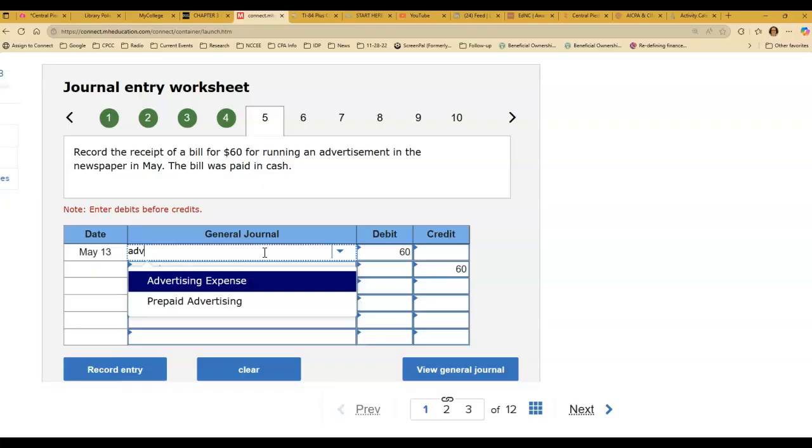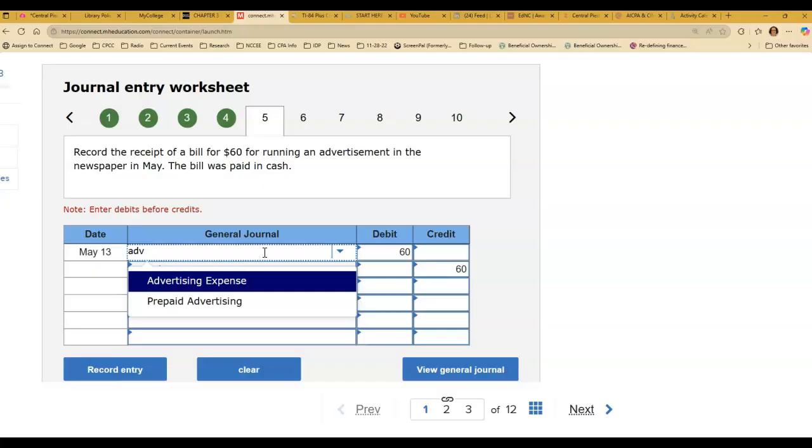Now, remember on the exam I said, one word can change the whole thing. If it said, record the receipt of a bill for $60 for running an advertisement in the newspaper in June, good, it becomes prepaid advertising. Do you see that?